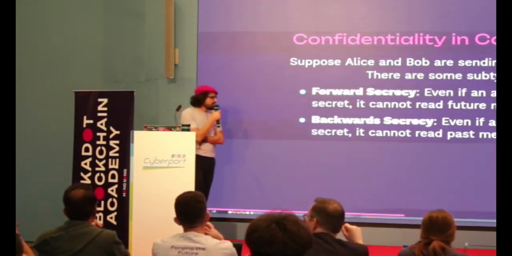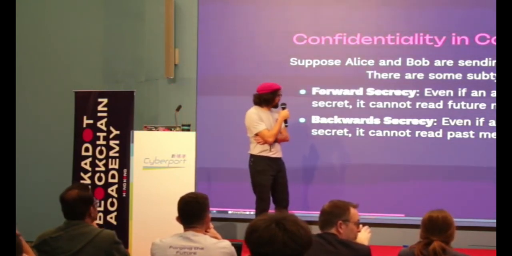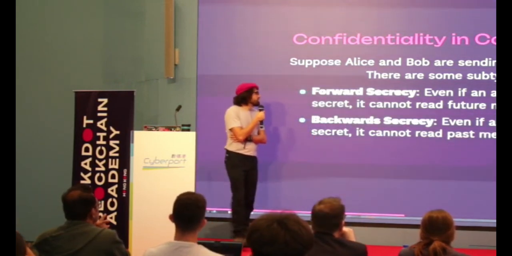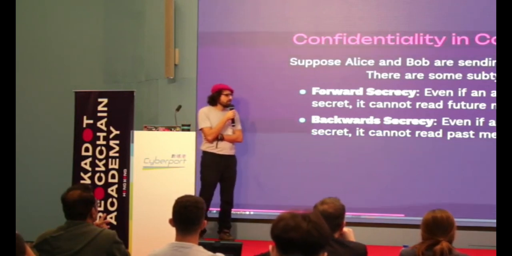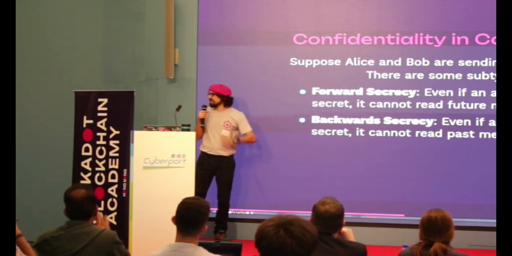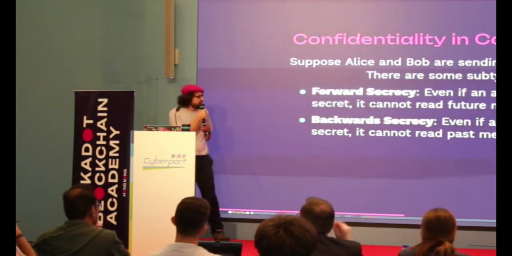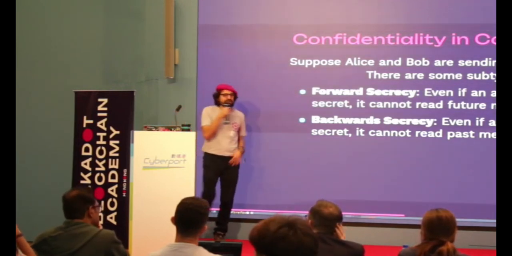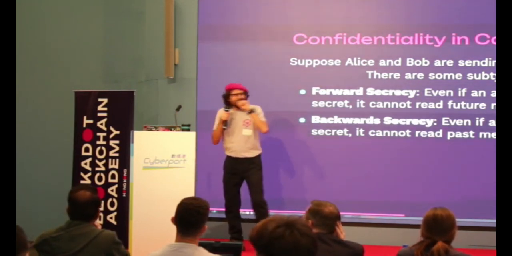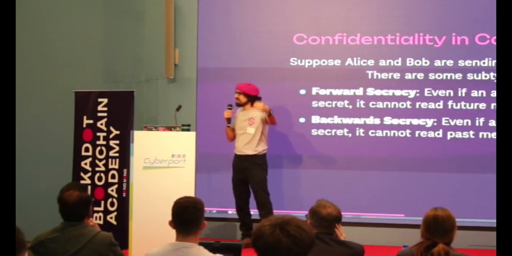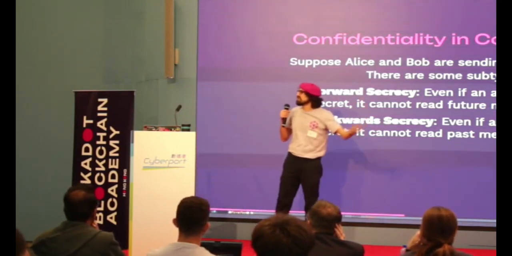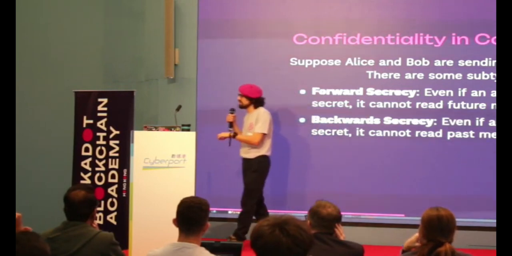So for example, what you can do here is you can hash your key, and then every time you encrypt with that. For example, anyway, I shouldn't go into that in detail, but then what will happen is that when you get a key, you can guess all the future keys because you can apply that mathematical operation on that key.